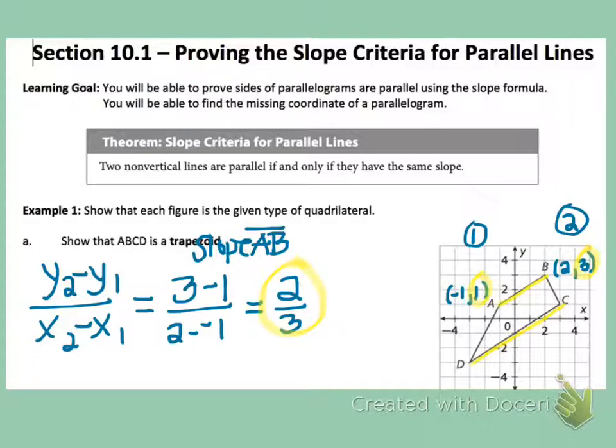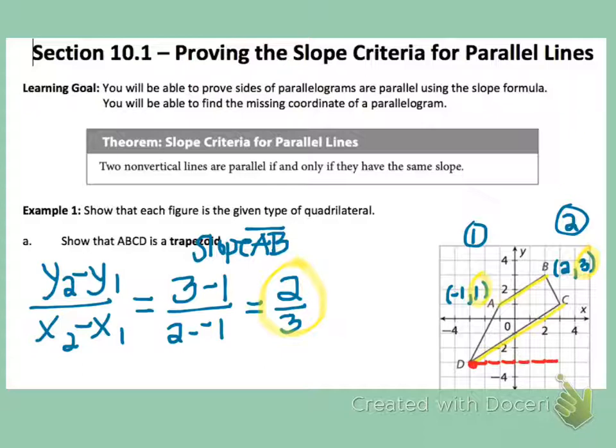And then if I wanted to do the exact same thing, I could do that also for DC. But there's another way to find slope if you've already got the figure graphed. And remember, that's by using rise and run. So that's what I'm going to do here. So let's say I started at point D, and I wanted to rise and run. Let's see, I'd have to go 1, 2, 3, 4, 5, 6.